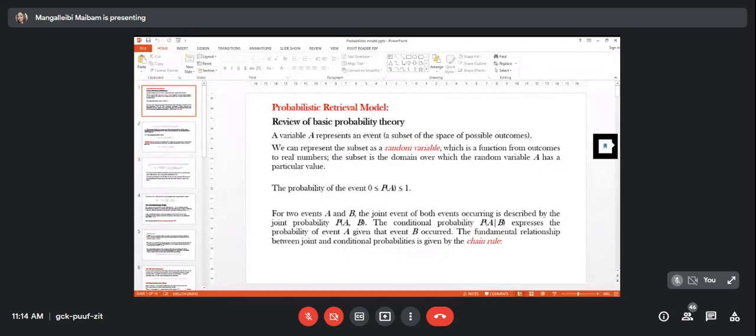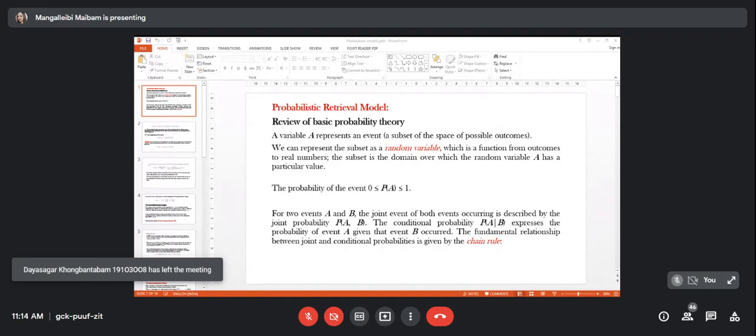So let us start a new topic today, probabilistic retrieval model. Last class we saw the vector space model, and also calculations on it. In the vector space model, we mainly need to find the cosine similarity between the documents or between the document and the query.